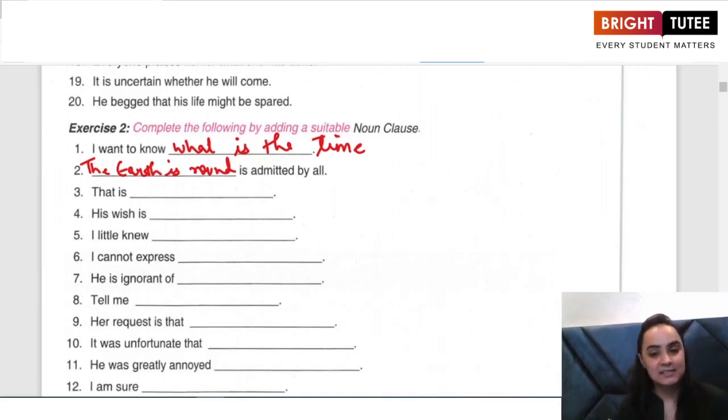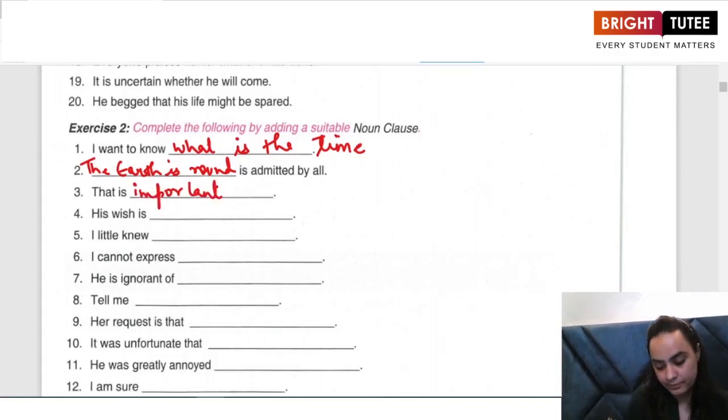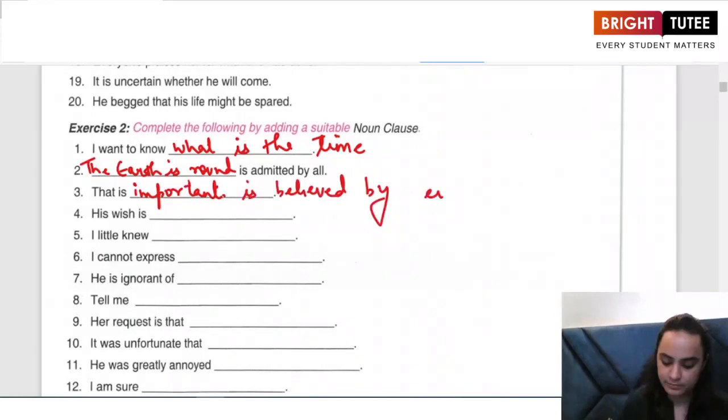Now you have to complete, that is important, is believed by everyone. So what is believed by everyone? That is important.